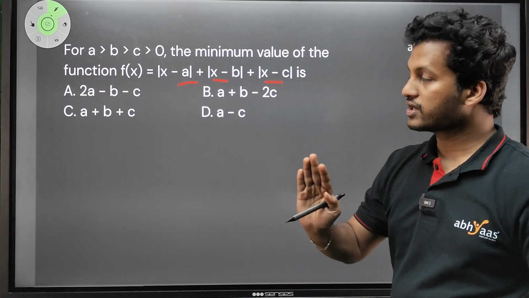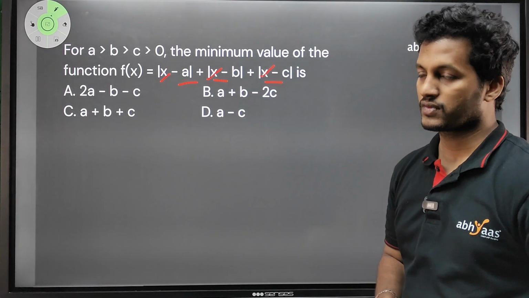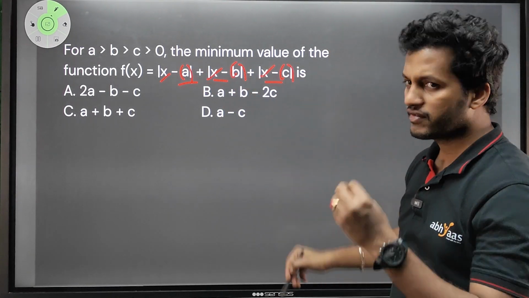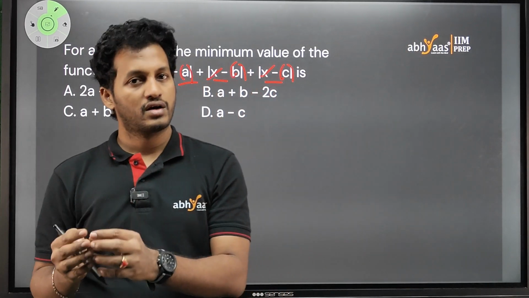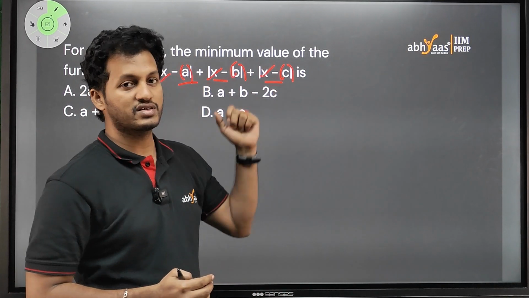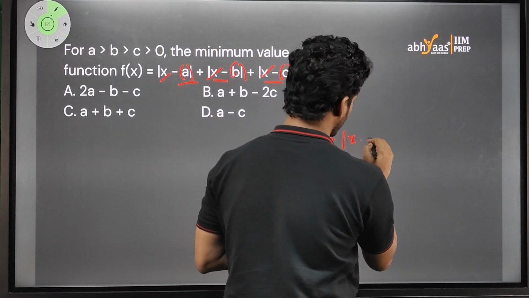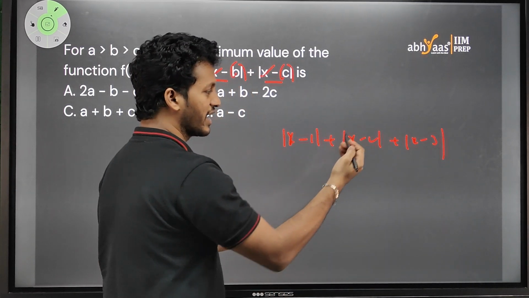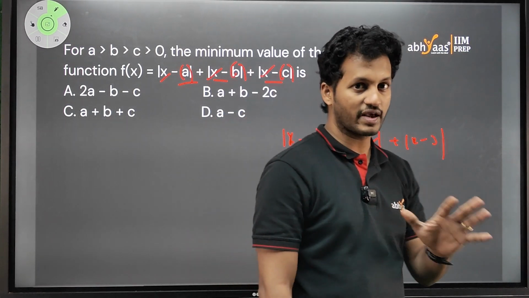But if not, try to take values in place of x itself. If they give numbers in place of a, b, c, try to take a value between the largest and the smallest of the given numbers. For example, mod x minus 1 plus mod x minus 2 plus mod x minus 3. If they ask the minimum value, try to take numbers for x.